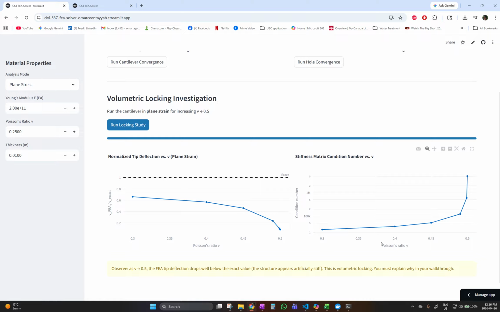When the thing is infinitely stiff, then with increasing Poisson's ratio the deflection you're going to experience is going to be lower and lower until it's zero. There's going to be none, and you approach that asymptotically.